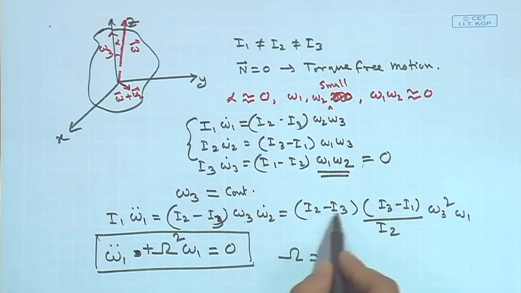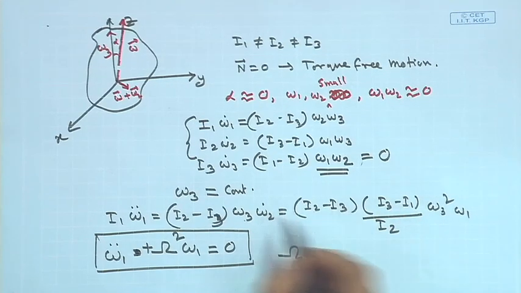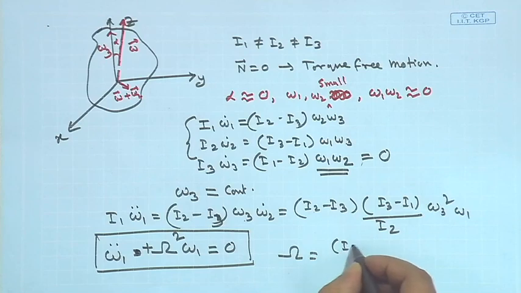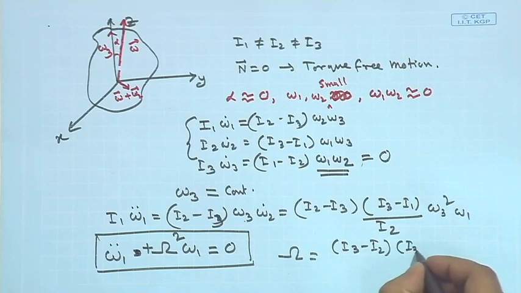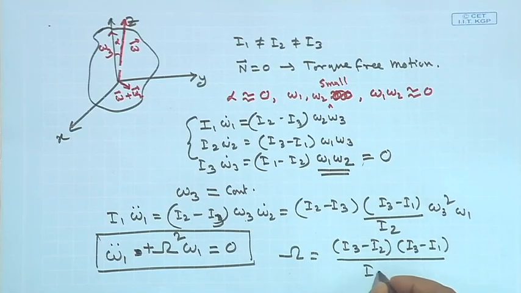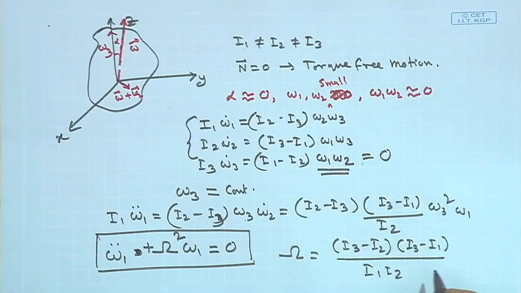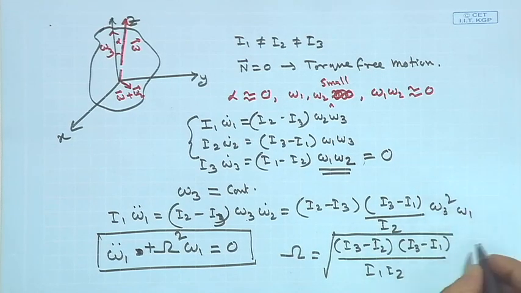See, there is I2 minus I3 and I3 minus I1. Now, because we are changing sides, we can write it as I3 minus I2 multiplied by I3 minus I1 divided by I1 I2, whole root, and there is omega 3 square.